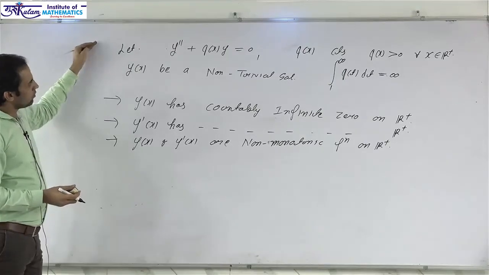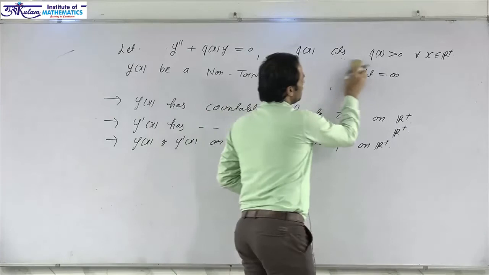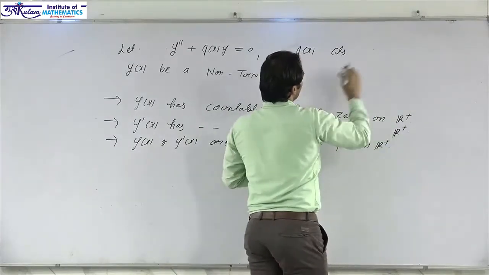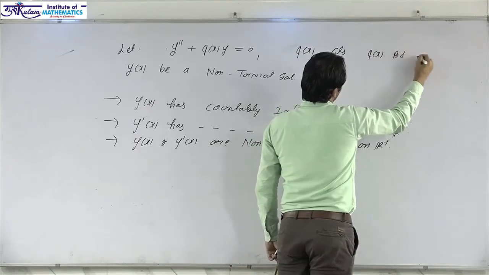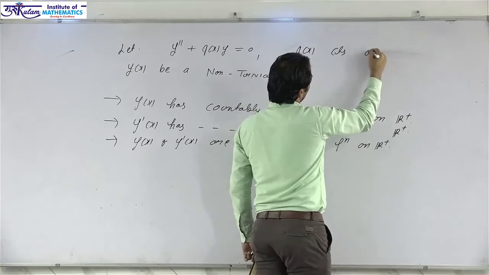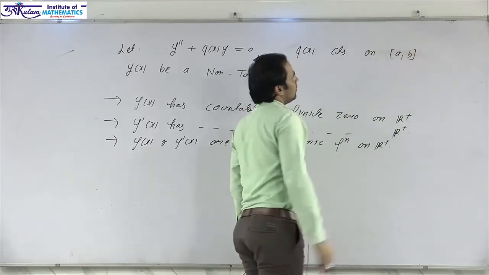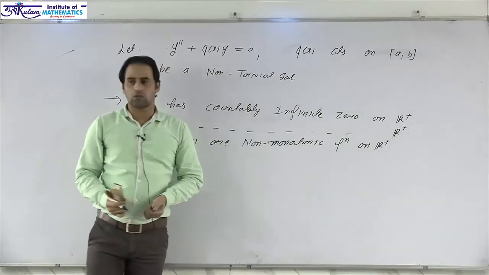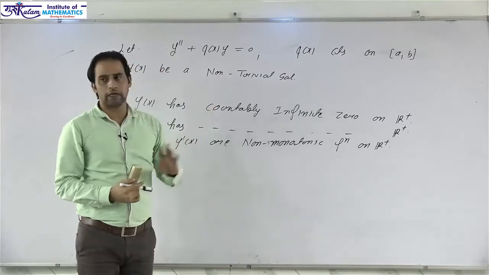Further, there is a particular case of this equation, if q(x) is continuous on a given interval [a, b]. Obviously, every continuous function on a closed interval is bounded and it attains its supremum and infimum.